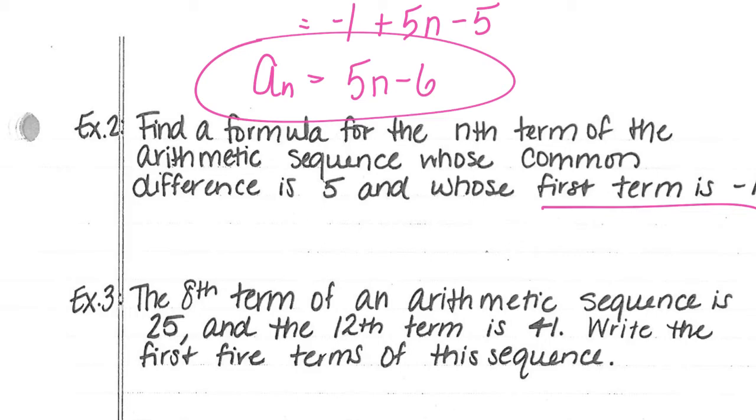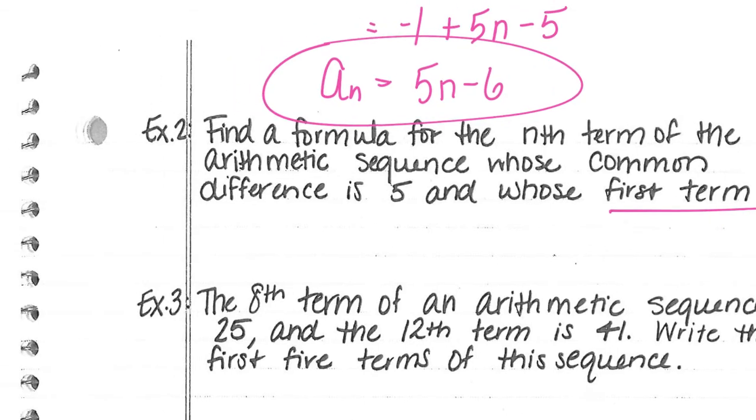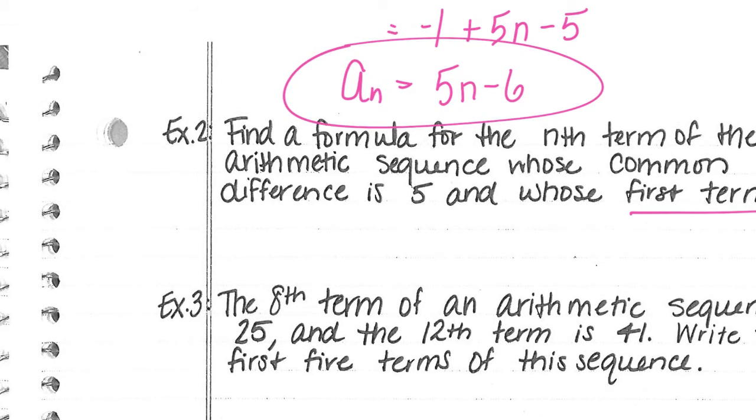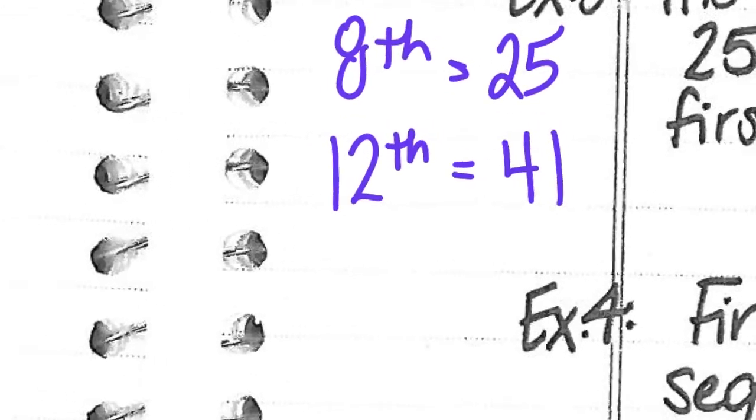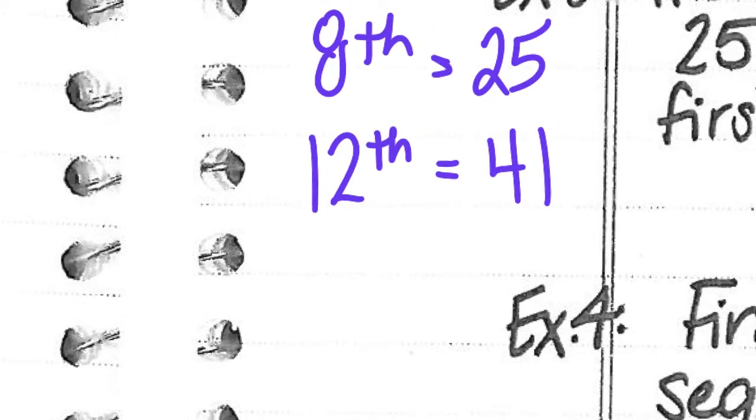Write the first 5. So I'm going to write what I know. I know the 8th term is 25 and the 12th term is 41. And I have to write the first 5, but somehow I have to come up with a sequence. So I'm going to plug these into systems of equations.